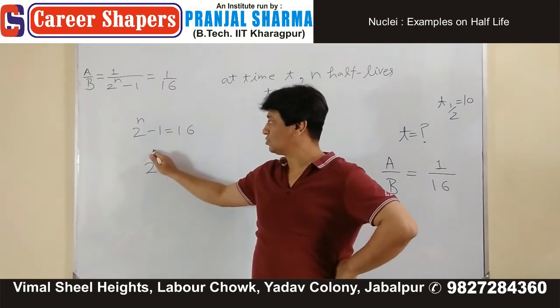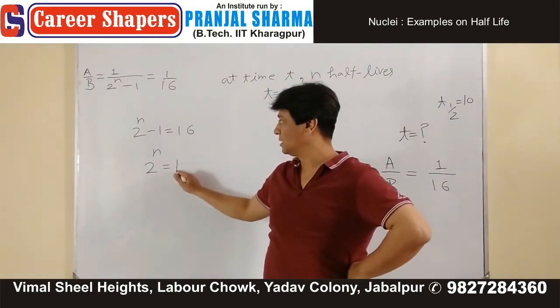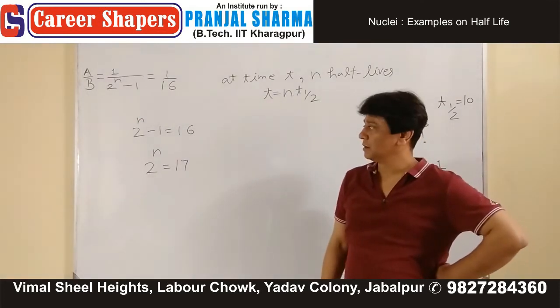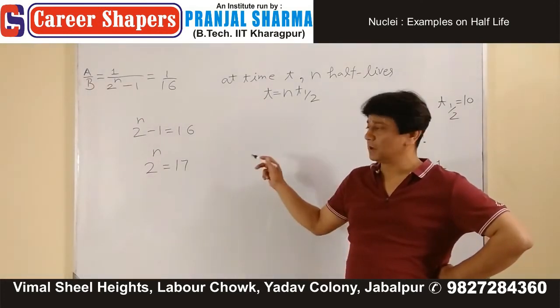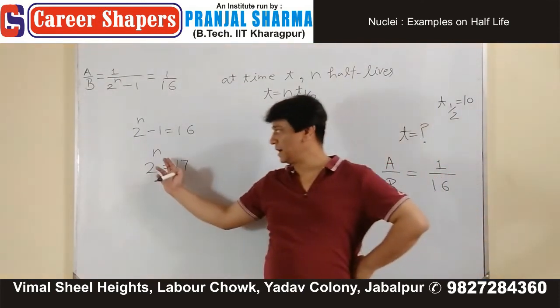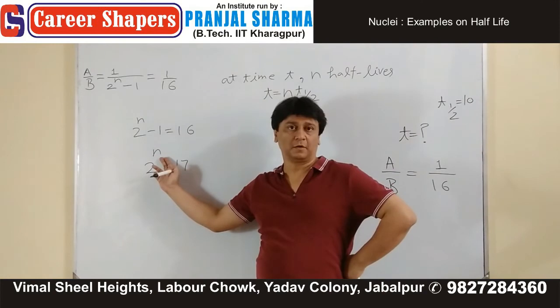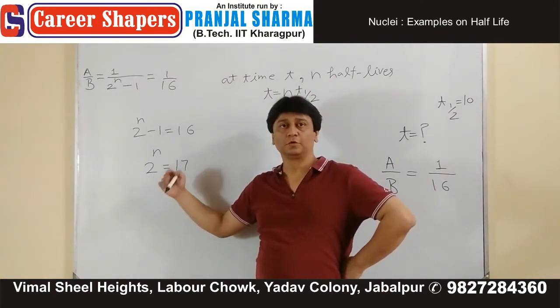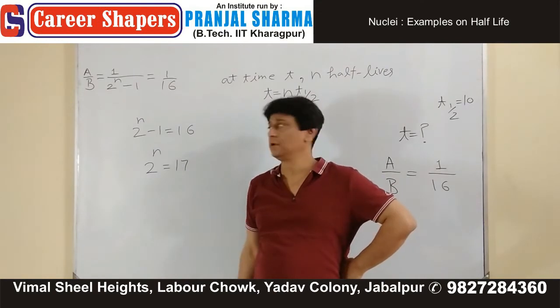That means 2 to the power n is coming 17. If 2 to the power n is 17, then you need to find n, a power which should be raised over 2 so that you get 17.